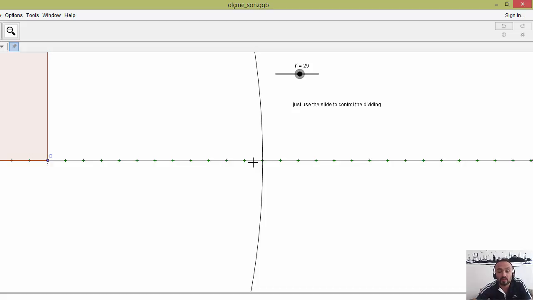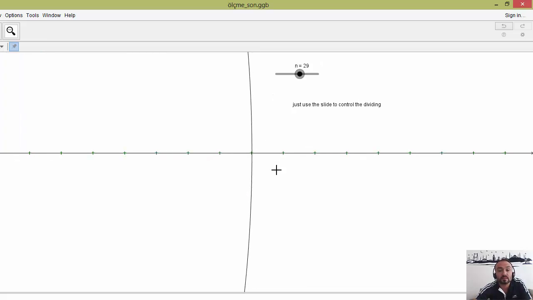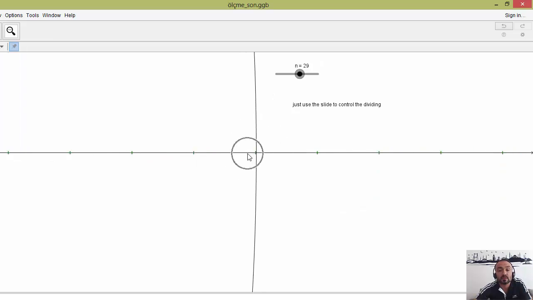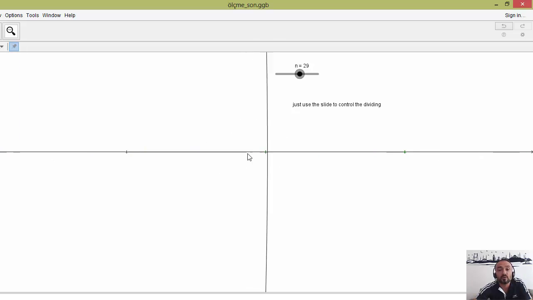Maybe. Let's zoom in. 29 partitions also didn't work. Also not sufficient to measure the diagonal of a square.